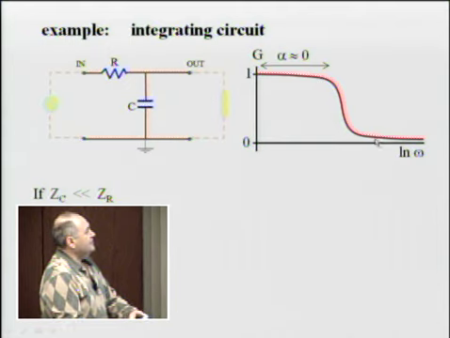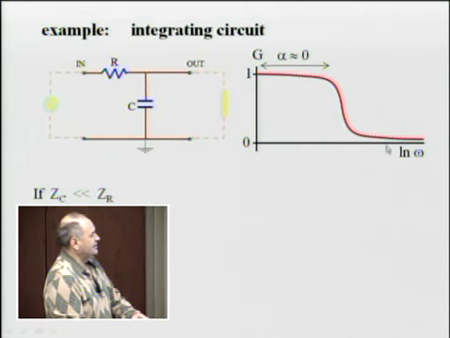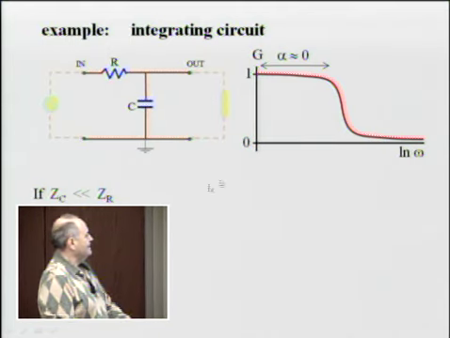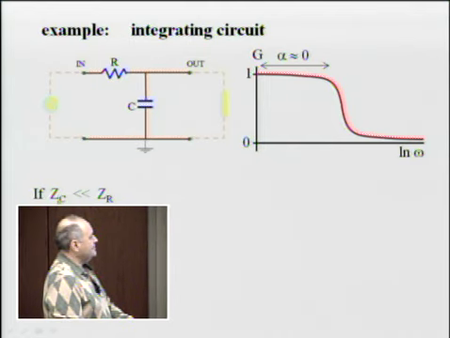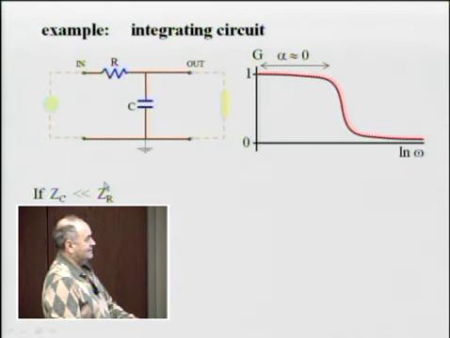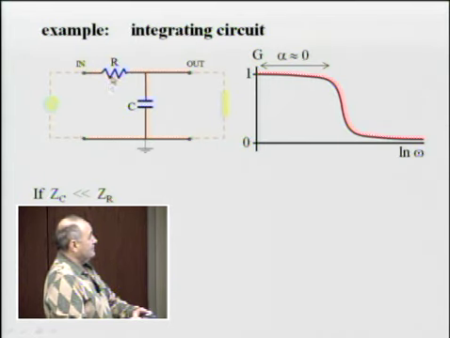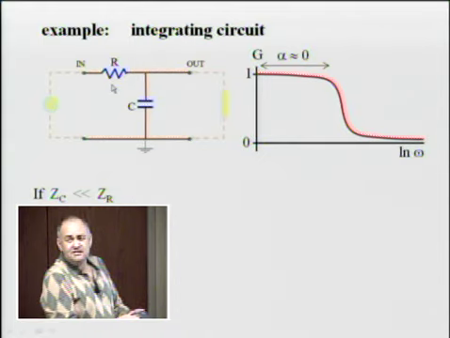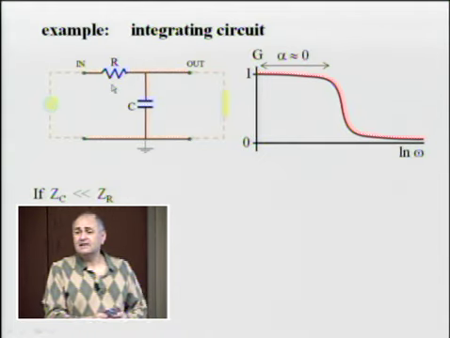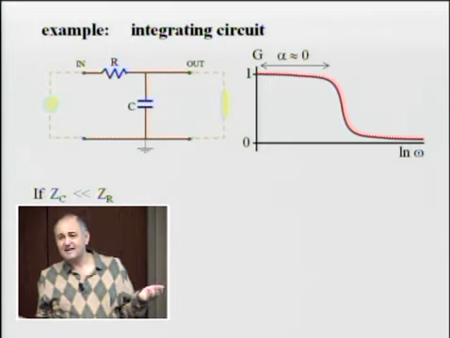Now, over here in this range, the impedance of the capacitor is much smaller than the impedance of the resistor. It's obvious, because you can even look at this circuit as a kind of voltage divider.